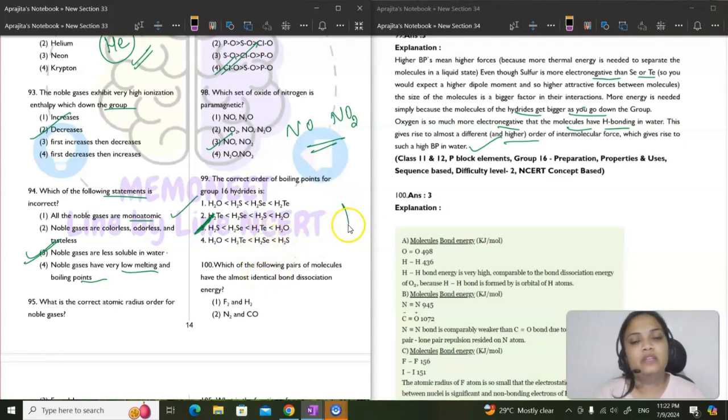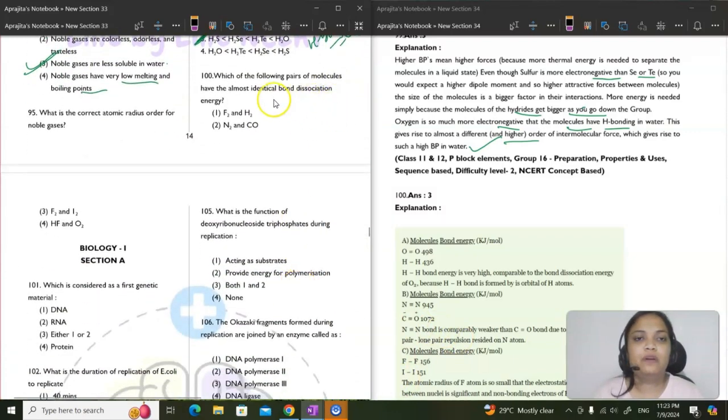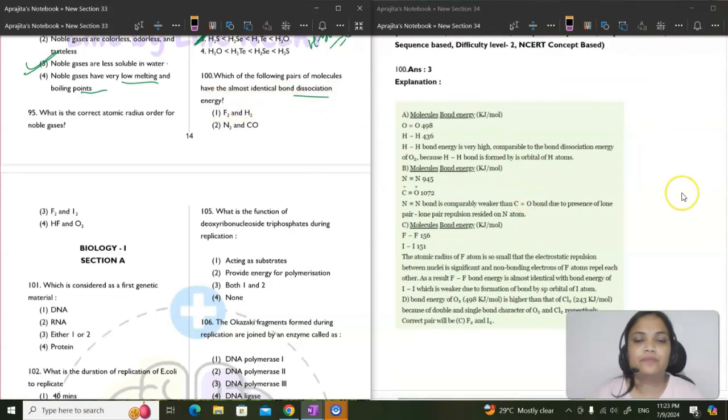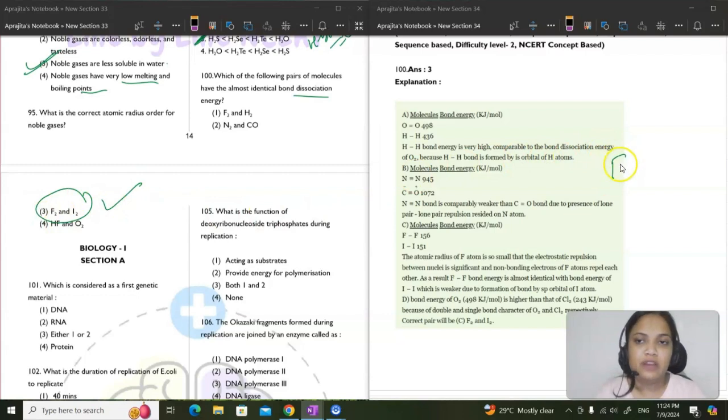Although the boiling point is increasing down the group, for H2O the boiling point is the highest because of the hydrogen bonding. This is what we want to say. Which of the following pairs of molecules have almost identical bond dissociation energy? If you look at the bond dissociation energy in the case of fluorine and iodine, it will be similar, students, because we have just discussed that in the fluorine bond there will be inter-electronic repulsions.